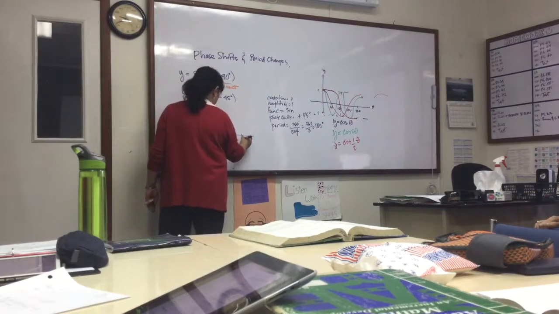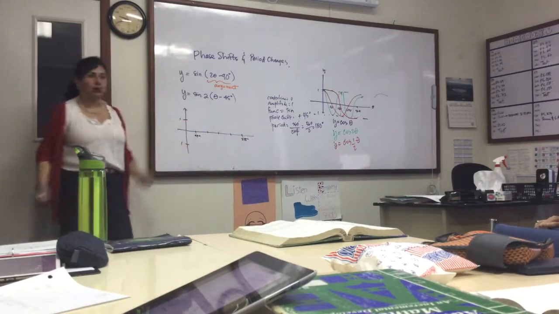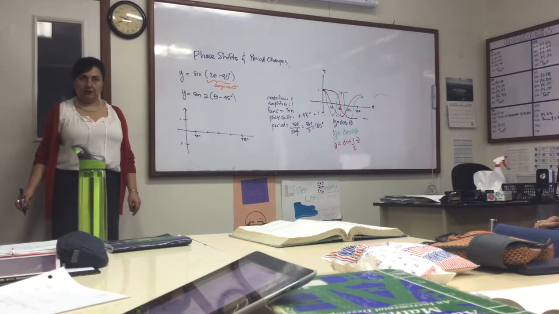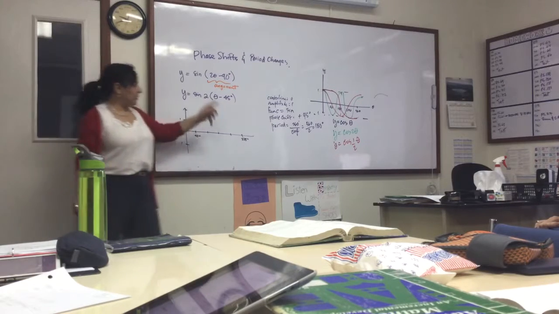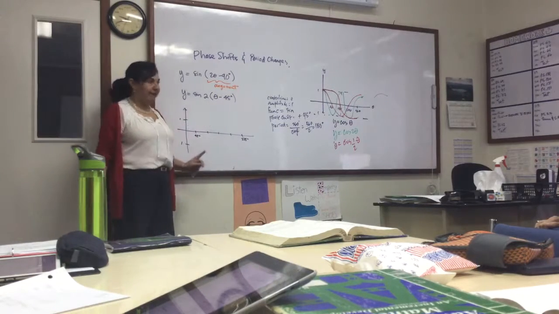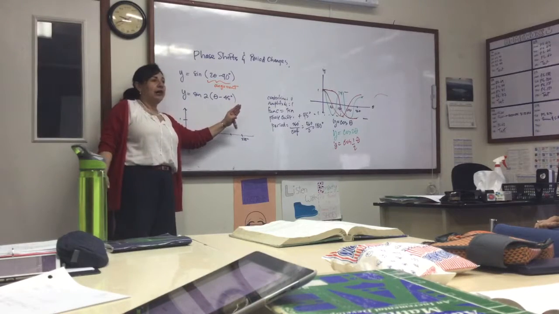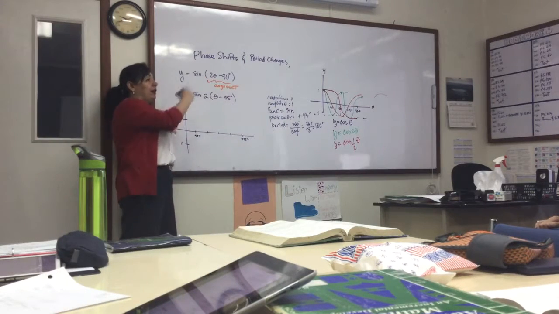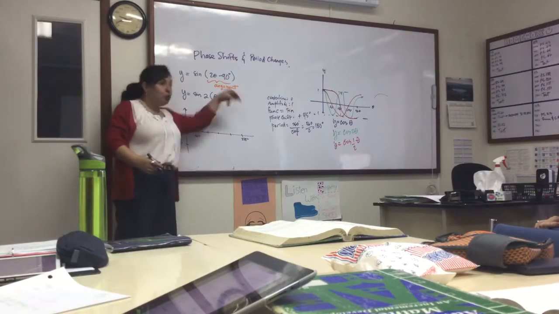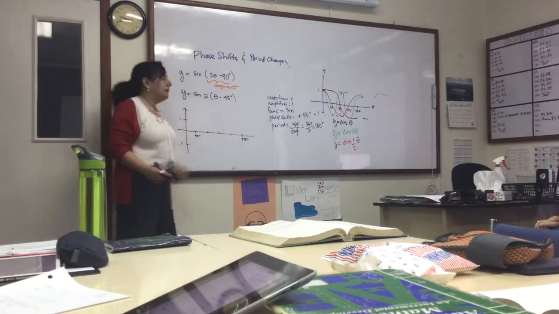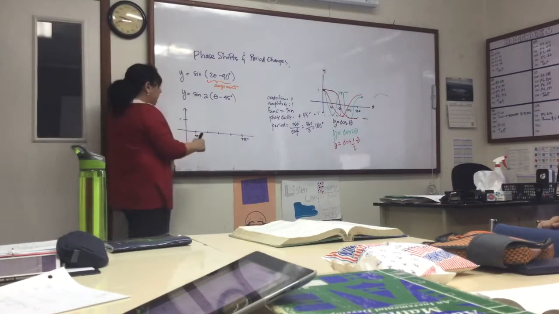So this is going to end up at 225. Did everybody understand how I got the 225? I start out at 45, which is my phase shift, and I add the period to get one full one, okay? If I were to add 360, I'd have to do 2 full ones, but I'm only going to show 1.